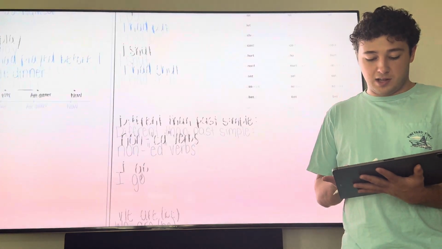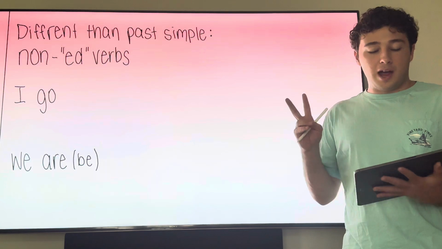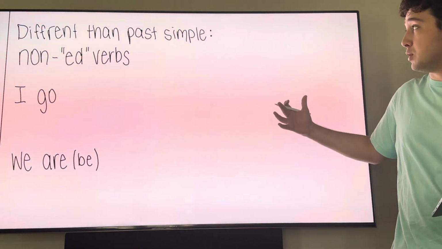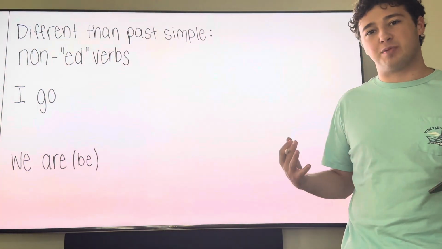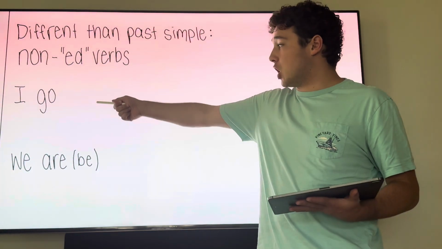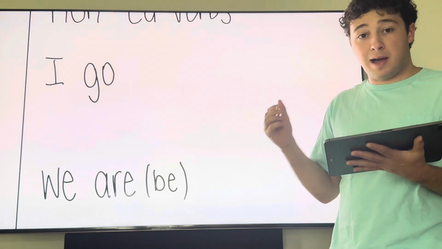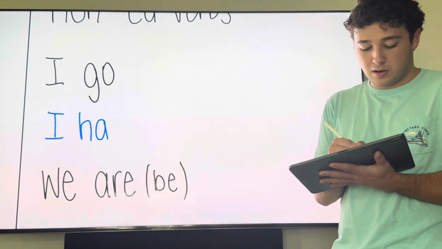Then, of course, there are ones that are different. Non-ed verbs that are different than the past simple are actually quite common, unfortunately, which makes this a little bit hard, but it's not too bad. A popular one is I go. And for here, the past perfect would be I had gone.